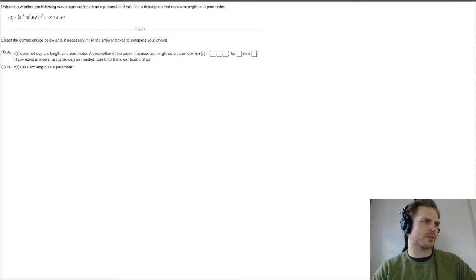So then, for two-dimensional parametric, the arc length is given by Pythagoras. Okay. Yeah, Pythagoras again. And okay. So determine whether the following curve uses arc length as a parameter.